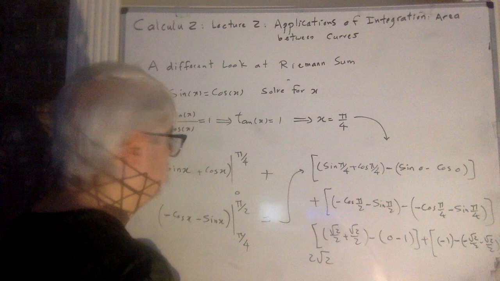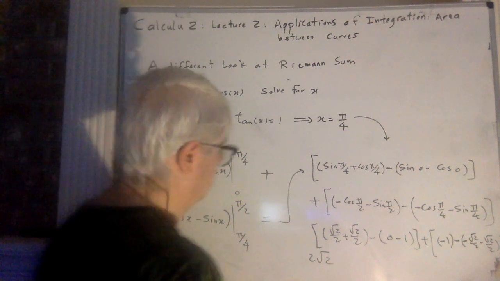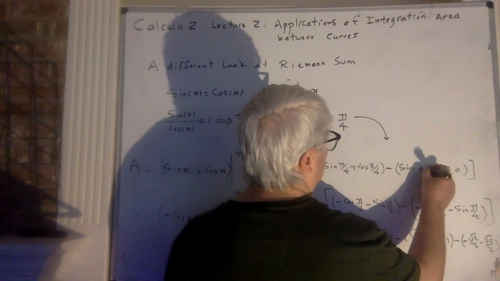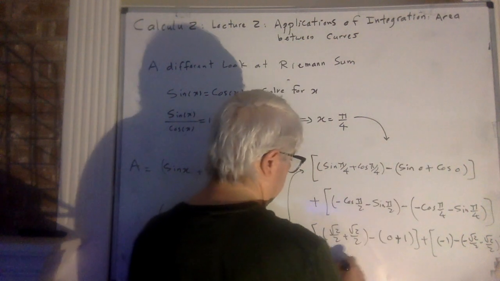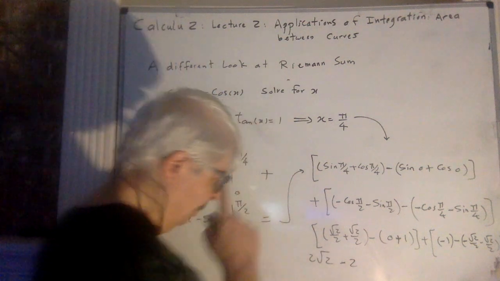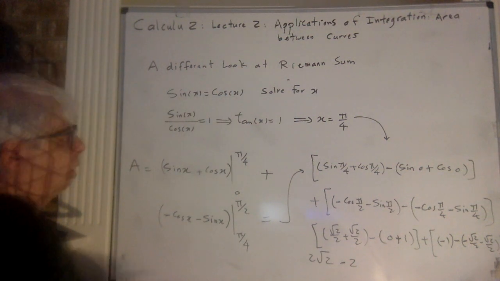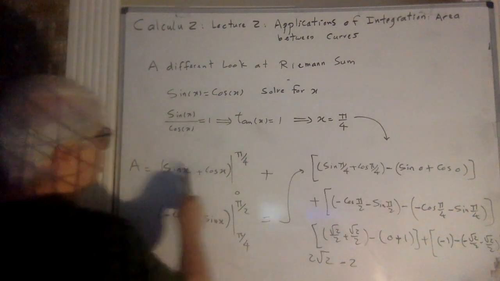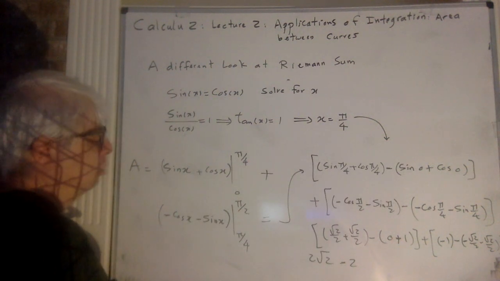I might have made some mistake somewhere. Oh, let's see. That's plus. So minus 1, that's minus 2. Yeah, I wrote minus here, but that's plus. Okay, so that is 2 square root of 2 minus 2.